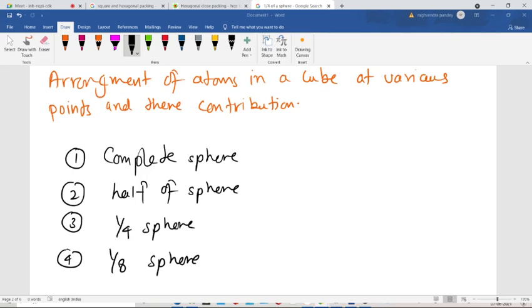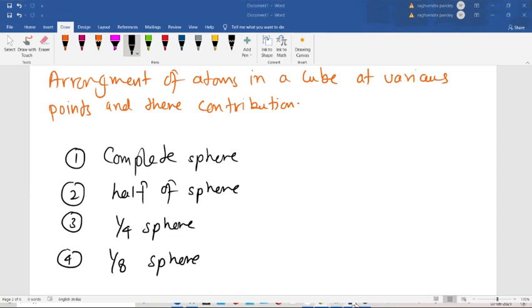So that is called 1 by 4th on the edge of the cube. Is there any other image? No. No problem. So if we go back to this one.